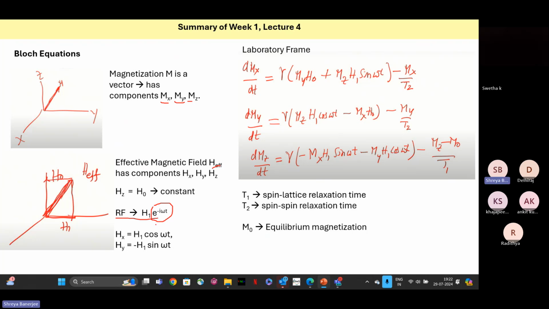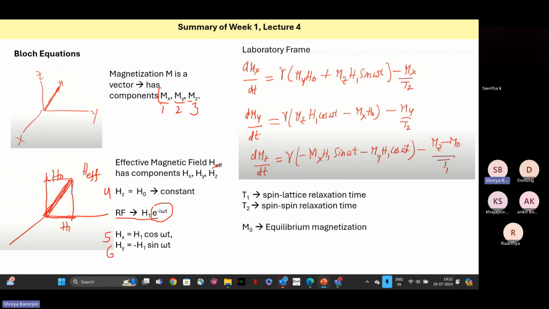E to the power i omega t can be broken up into sine and cos. Normally we write the x component as the cos component and the y component as the sine component. So these are the 6 variables in the Bloch equation. 3 variables are mx, my, and mz, and the other 3 variables are hx, hy, and hz.